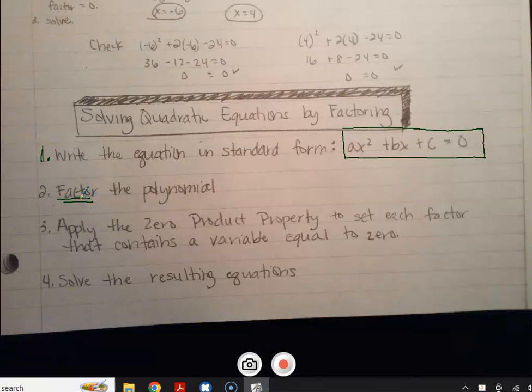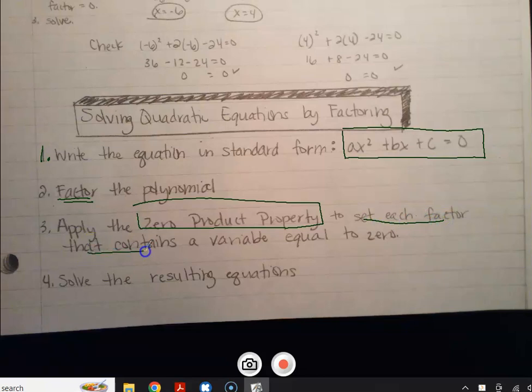Step 3, apply that zero product property, which really means you're going to set each factor that contains a variable equal to 0. So that was when we said, hey, x plus 6 equals 0 and x minus 4 equals 0. That was that step. And 4, you're going to solve the resulting equations.